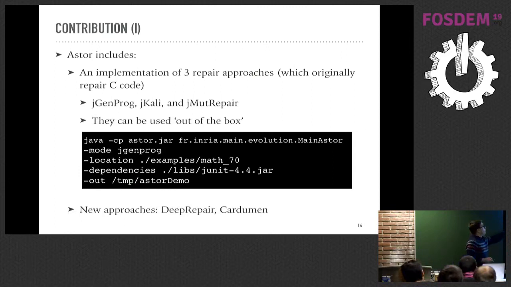For instance, here we present three: jGenProg, jKali, and jMutRepair. I will do a small summary of them after. Then we specify the mode, the repair approach that we want to run, the location of the application that we want to repair, where the source code is, the dependencies of this project, and the output.